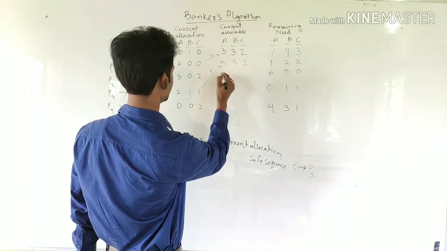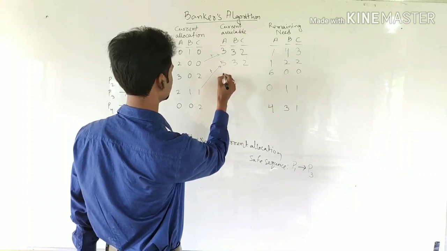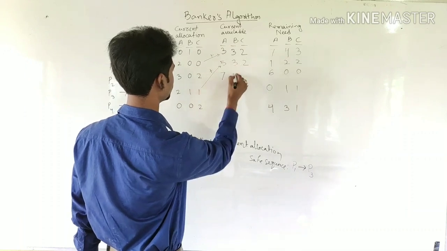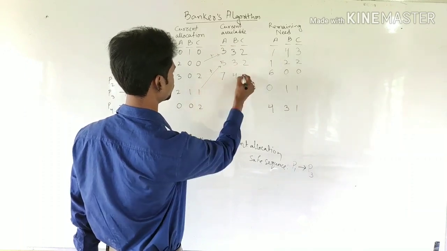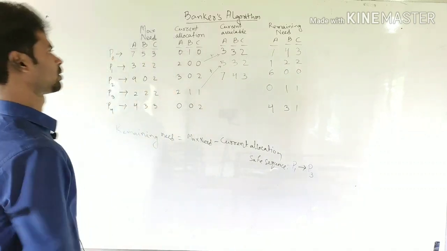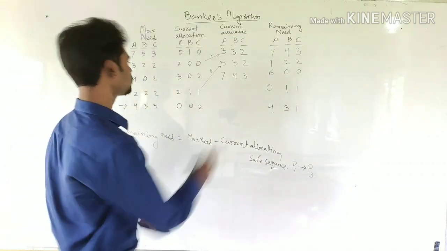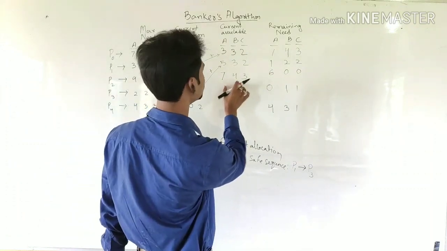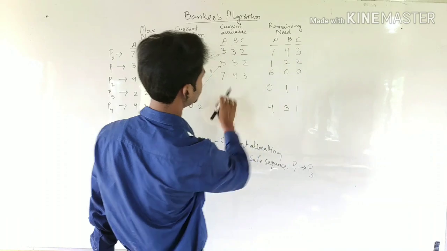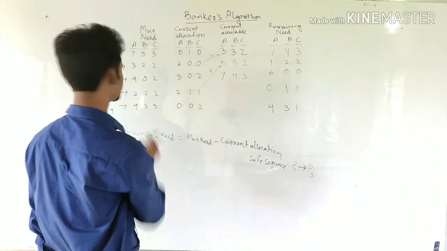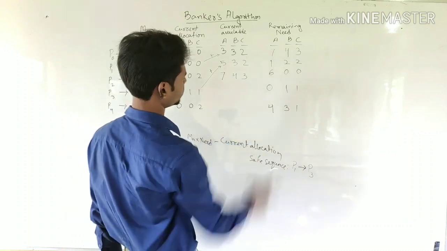Now, current available resource will be 5 plus 2 is 7, 3 plus 1 is 4, 2 plus 1 is 3. Now it is available for P0 to be executed, P2 can be executed, also P4 can be executed.